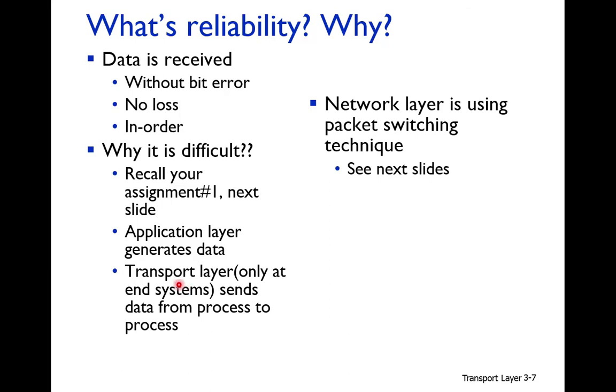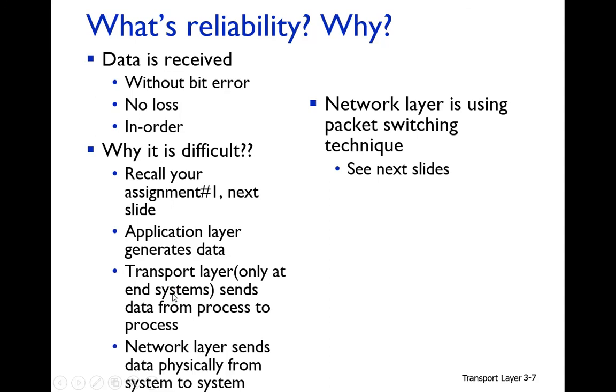The transport layer is like a registrar in the university analogy. It sends the data from process to process, but it is logical. It only runs in the end system. The transport layer acts as just a registrar.